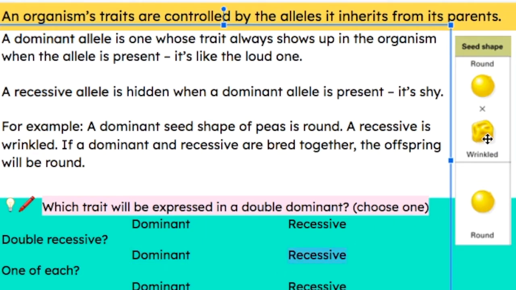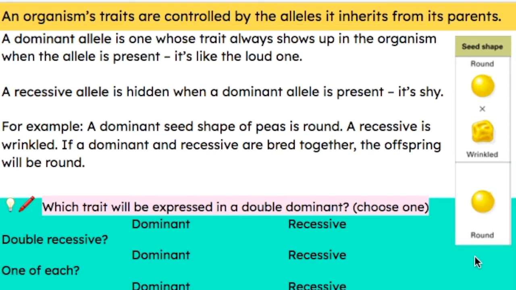Now, my original example, if you breed this round pea with this wrinkled pea, is it going to look dominant or is it going to look recessive? If we have the loud friend with the quiet friend, who are we going to hear? Go ahead and answer by circling or underlining one of those choices. If you're confused about this, we're going to work through this together in class tomorrow, so it'll be a little bit less confusing. Let's practice one more time.